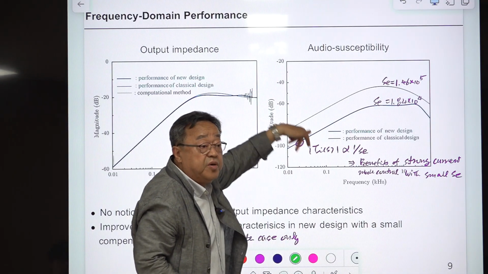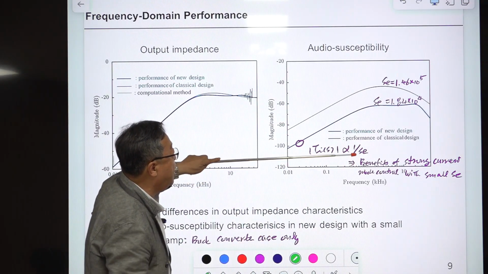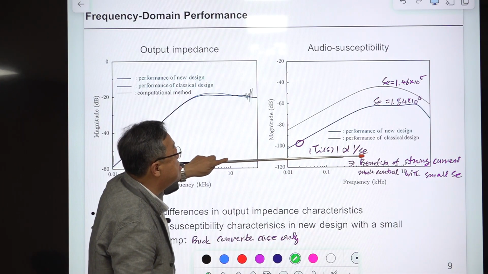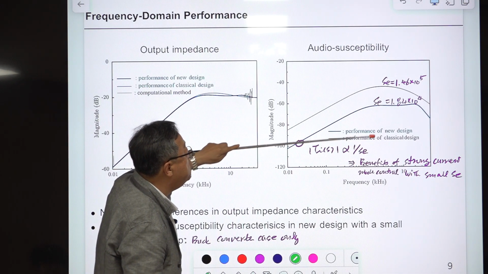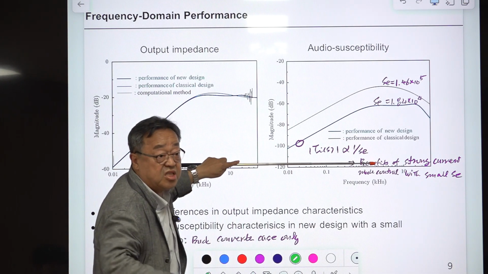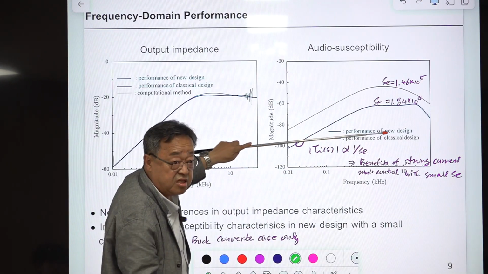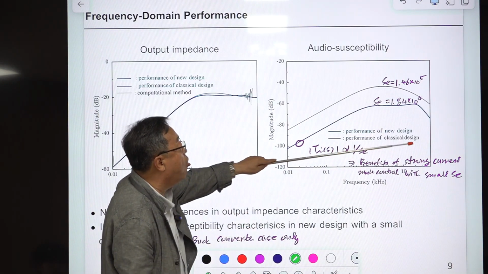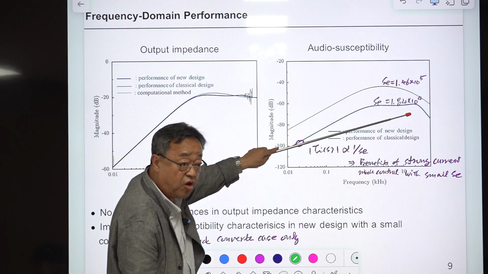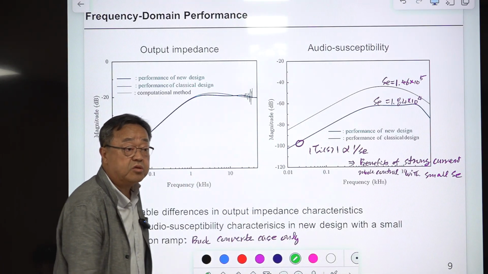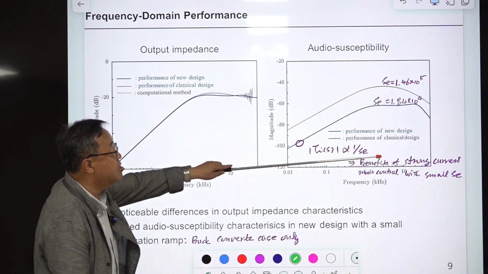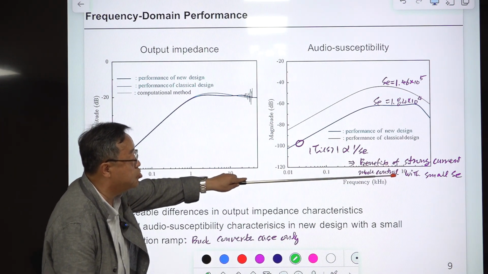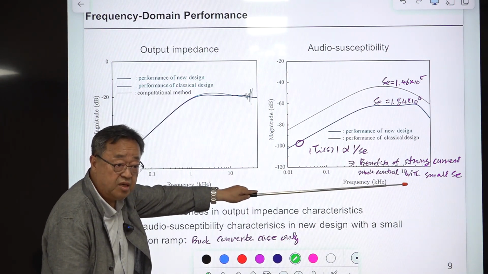So the current loop is working. So this Ti is here. In the new design, Ti is much larger than the classical design. So we have more attenuation at low frequency only in the audio susceptibility case. So this is the benefit of strong current mode control with smaller SE.